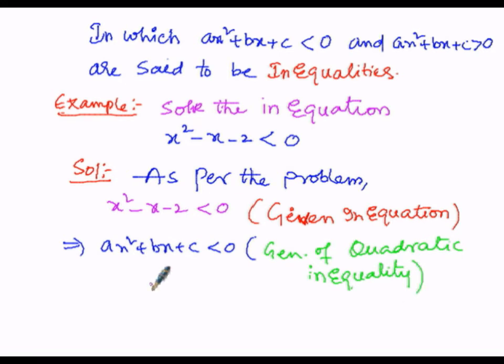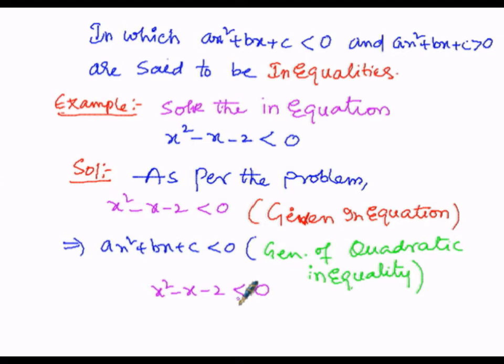The given inequality is x square minus x minus 2 is less than 0. First of all, the left side of the inequality symbol is x square minus x minus 2. It is a second degree expression, so it has two factors since the degree is 2. Let us find the factors of this expression on the left side of the inequality.